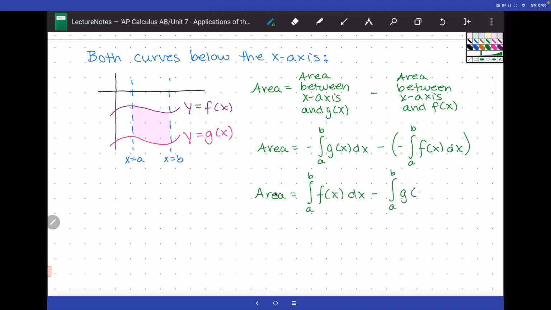We still have a minus sign in front of the integral of g. And again, they have the same limits on the integrals, so we can combine it into one integral and say the area is the integral from a to b of f of x minus g of x.